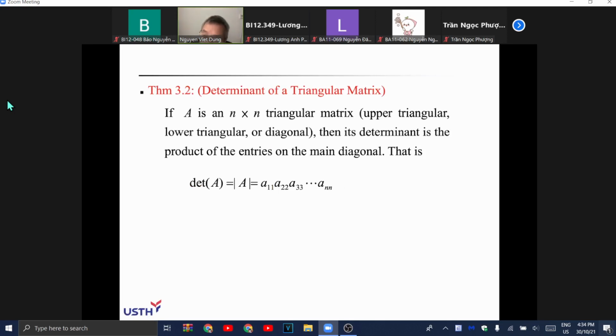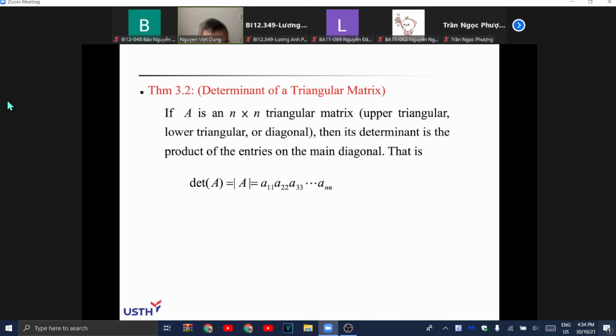For those triangular matrices, it's very easy to compute the determinant. It is claimed as follows. Suppose that A is an n by n triangular matrix. It can be upper or lower triangular, or even a diagonal matrix. Then its determinant will be the product of the entries on the main diagonal.